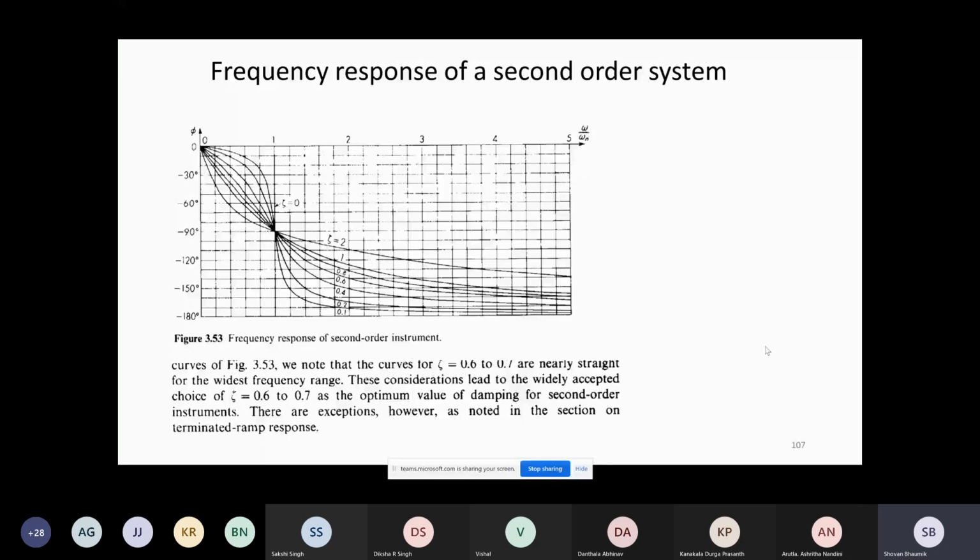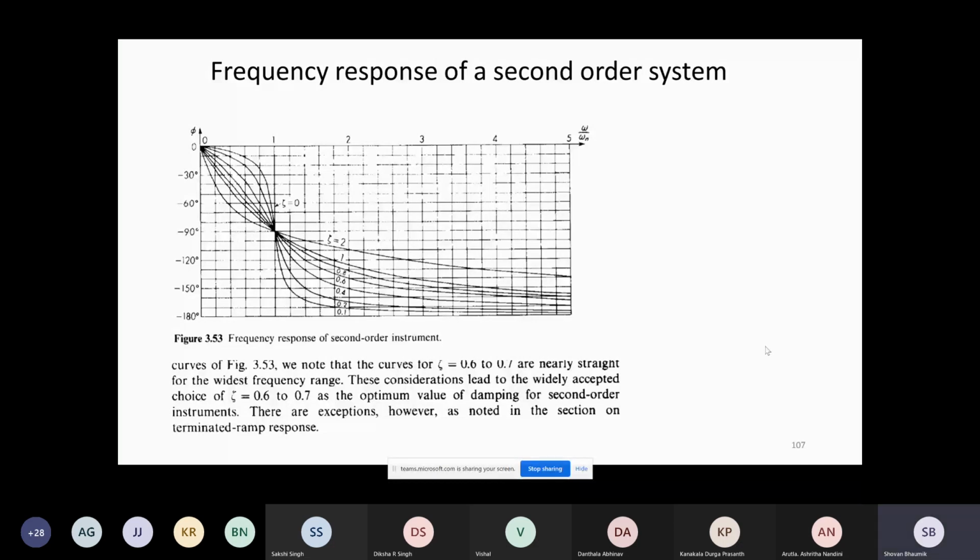So there may be two things. One thing is that if you know the transfer function of your instrument, you can plot the frequency response, which is called the Bode plot of the instrument, and from there you could know, if you get some output, what will be the corresponding input.